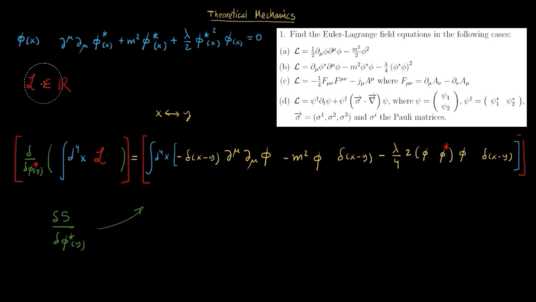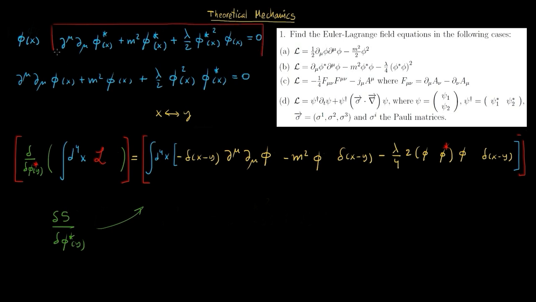So if we perform all the steps done before, we will obtain partial mu phi without star x plus m squared phi without star x plus lambda over 2 phi without star square plus phi star x equals 0. And these are the equations of motion in this case. This equation and this equation.